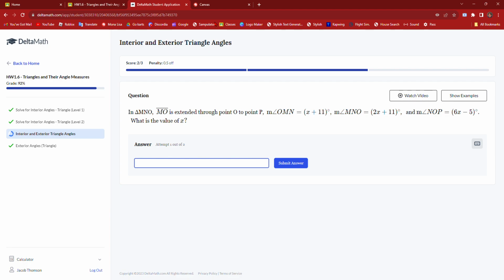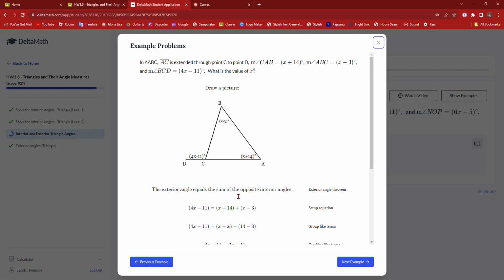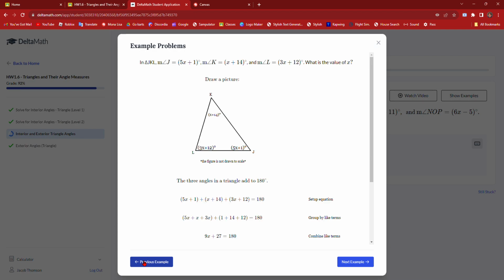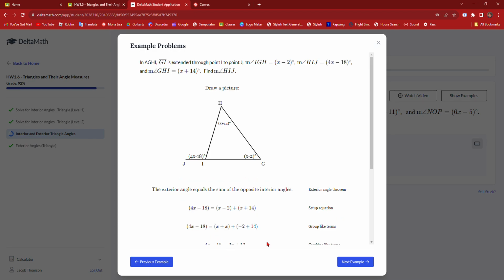Now, let's take an example, okay? Let's take one very similar to this one. When it says find the measure of angle HIG, you're basically finding this angle, but you're also going to solve for x in the same exact way as this one.